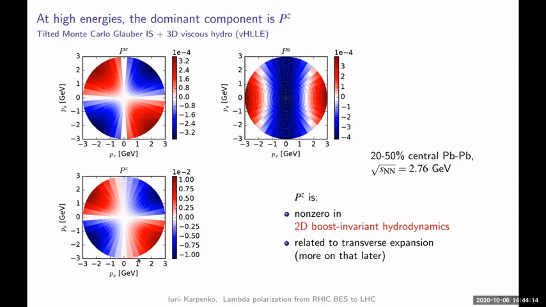What we found is that this quadrupole structure still emerges in two-dimensional Bjorken-invariant hydrodynamics, and as such, essentially the only ingredient which you need for that is the asymmetric or azimuthally sensitive transverse expansion. So for this quadrupole structure, you don't really need any angular momentum. You only need basically elliptic flow.